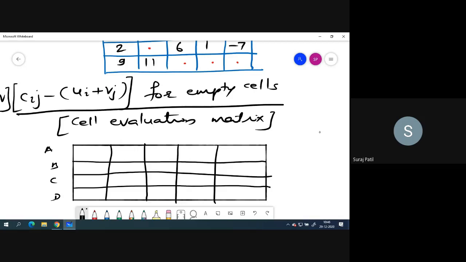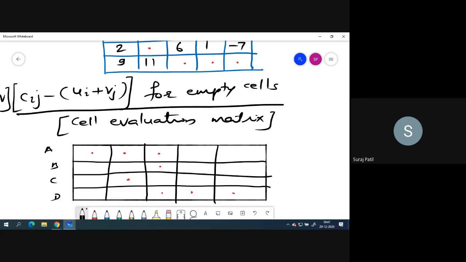Just write directly, and these are allocated cells. So I'll just calculate these values and write them here.